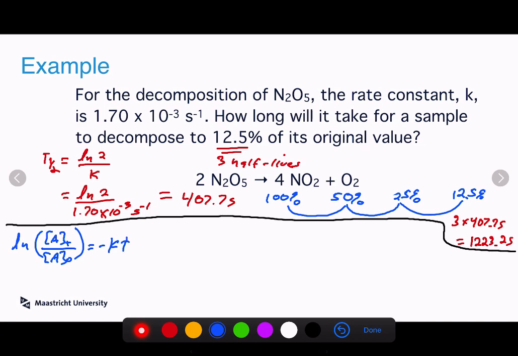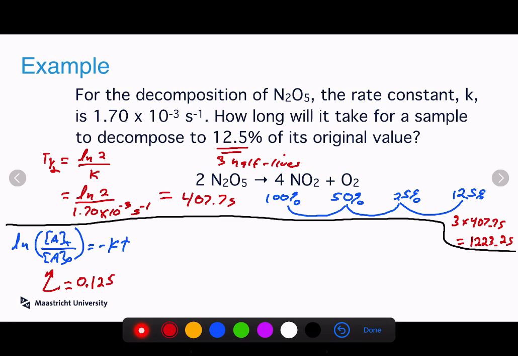Here we're not told what my original concentration of A is, or what the concentration of A is at some time t. But we are told that we are at 12.5% of its original value, and that tells me that this fraction right here is equal to 0.125, which is the decimal version of 12.5%.